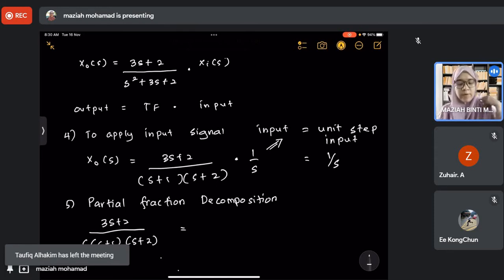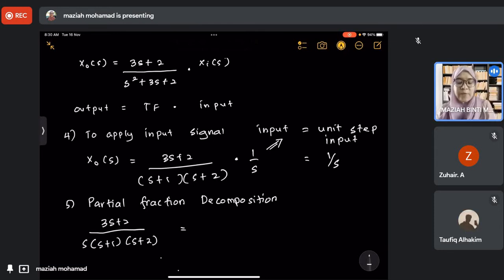Okay, so therefore, in form of partial fraction, function number 1 is referred to the table in the WhatsApp. Okay, so in partial fraction, it will become A over s plus B over s plus 1 plus C over s plus 2.